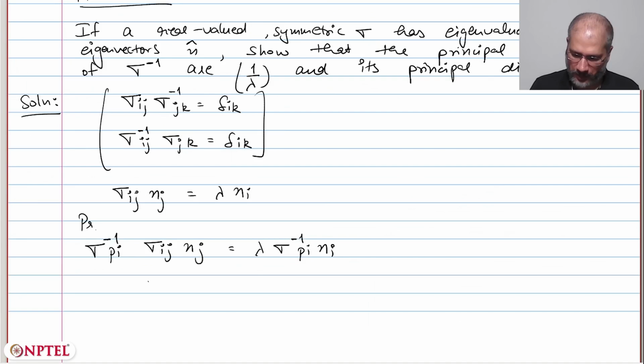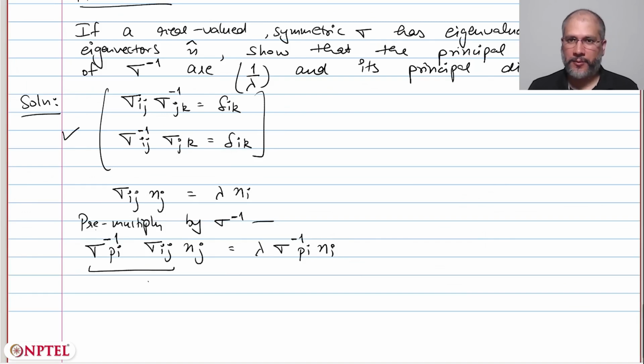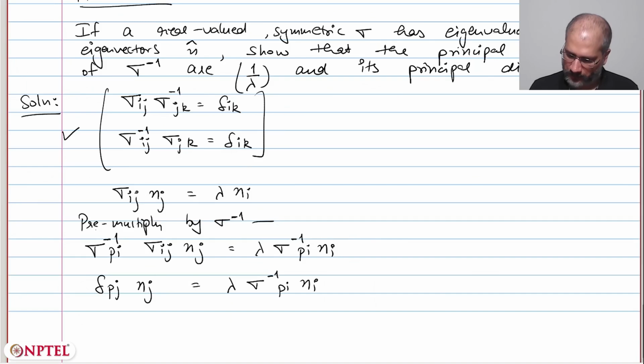So I'll pre-multiply by sigma inverse, and this is what we get. This becomes an identity from the definition of sigma inverse. So this can be written as delta pj nj equals lambda times sigma inverse pi ni.